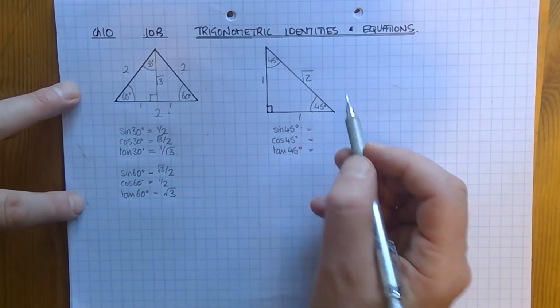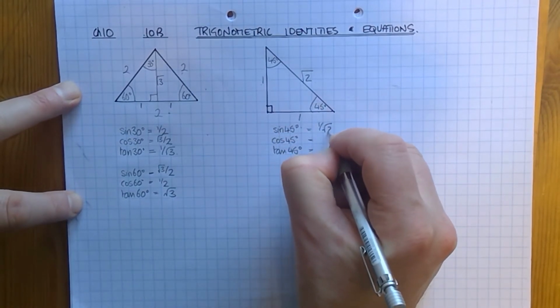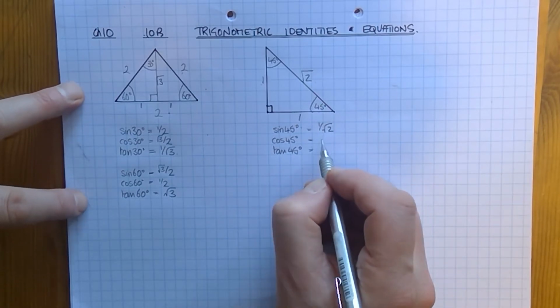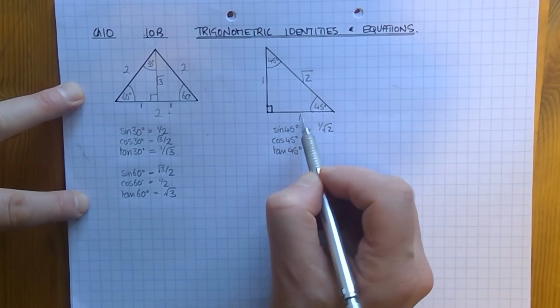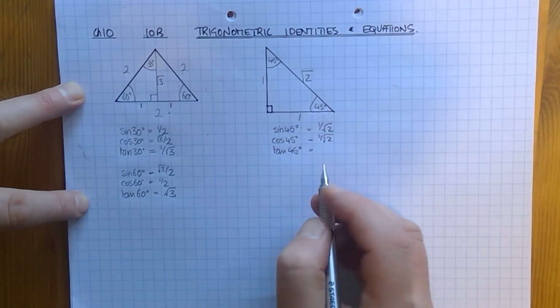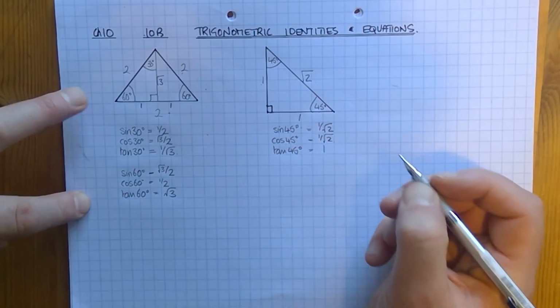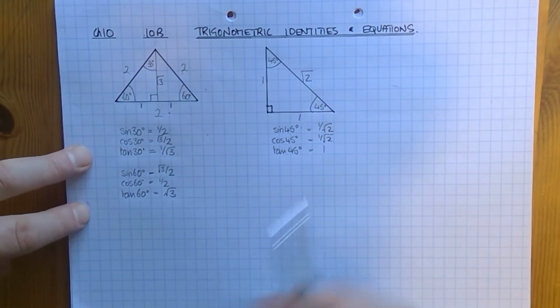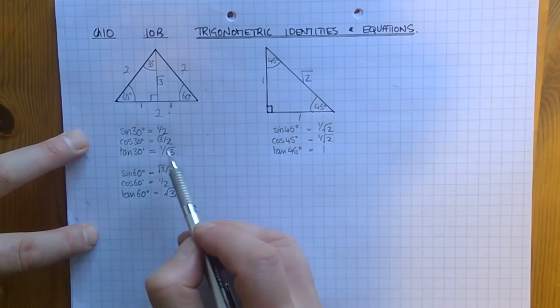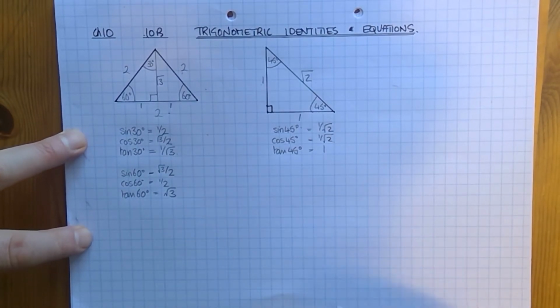Sine of 45 is opposite over hypotenuse, which is 1 over root 2. Come back to these two in a minute. Cos of 45 is adjacent over hypotenuse, 1 over root 2. And tan of 45, 1 over 1, is just 1. Now I have left these two with a surd on the denominator.